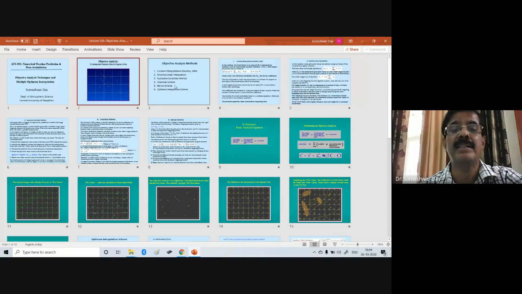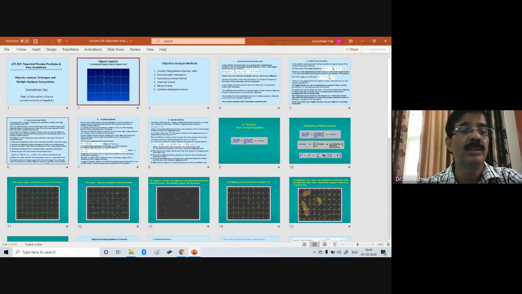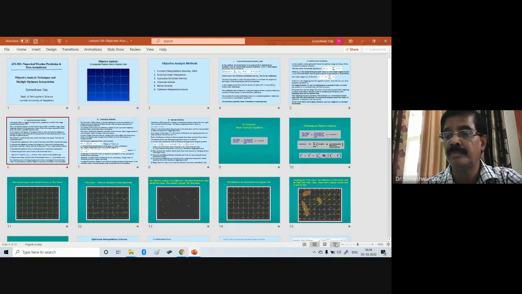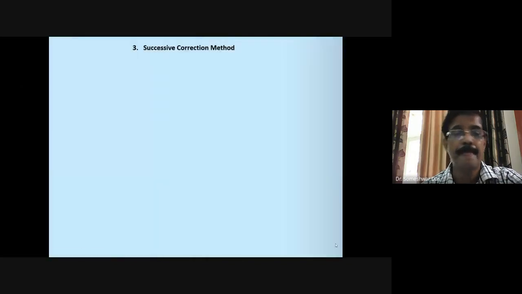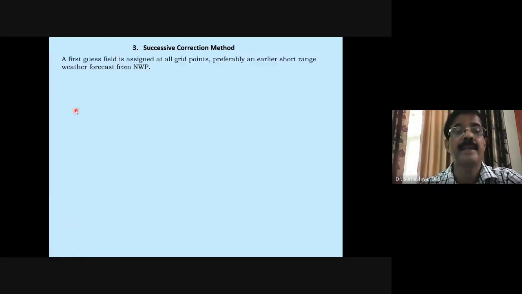As I said, I will discuss the last one tomorrow, but up to 5 I want to complete today. And we were discussing the third one, successive correction method today. All right. So we go to the successive correction method. I'll put the PowerPoint mode, and let me also start a laser pointer again. Okay. So successive correction method.